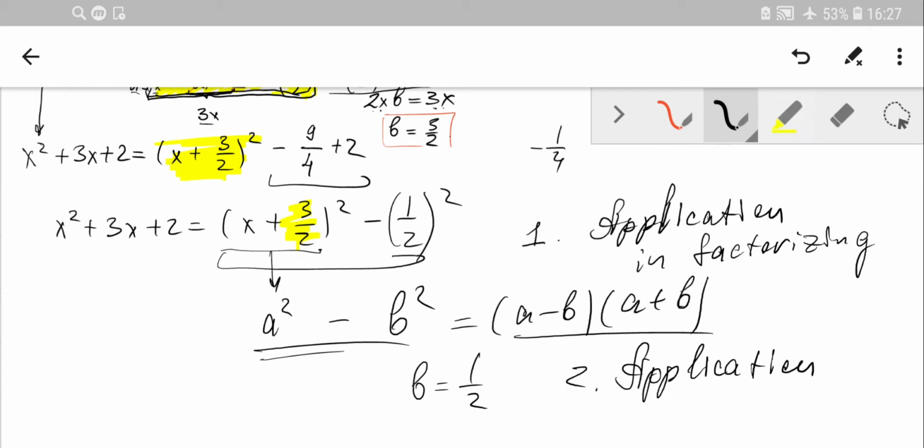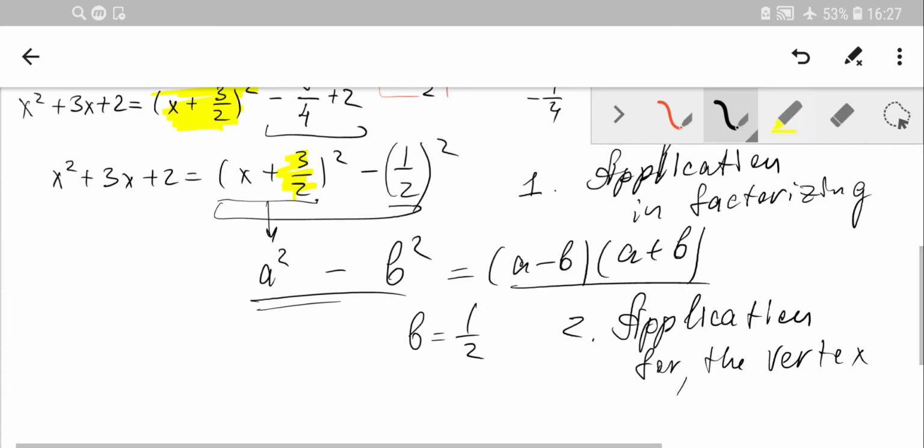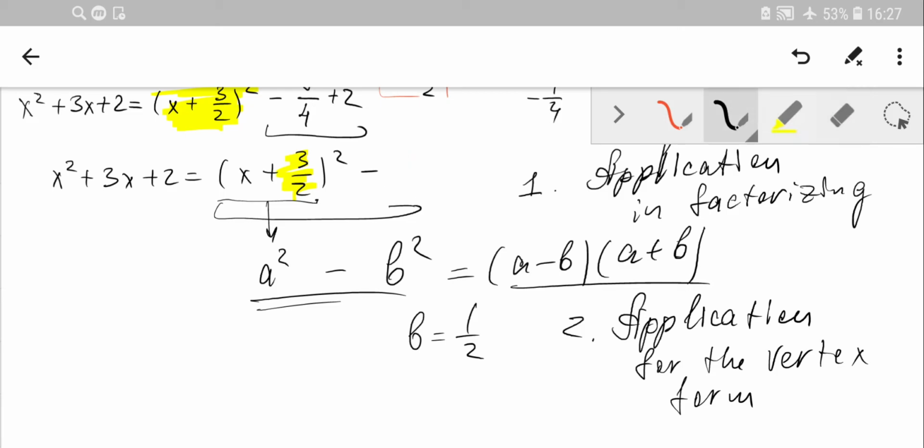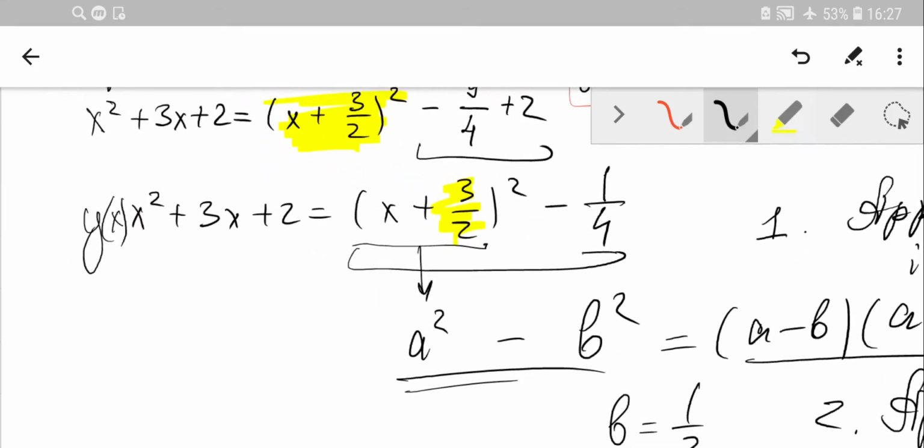Application for the vertex form. Alright, so I just move back and say that instead of 1 over 2 squared, we originally had 1 over 4, which is negative. Alright, so application for the vertex form. Remember, vertex form, let's say this was originally function y from x.